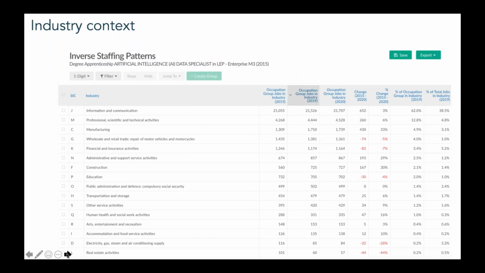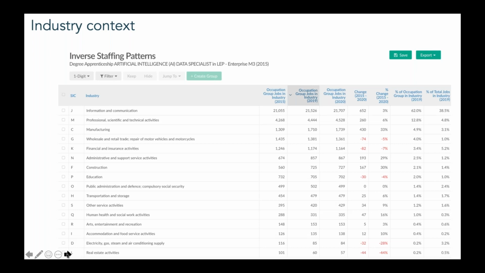So as well as counting the numbers and looking at hiring trends, understanding the context of the jobs is also important. MZ has built staffing patterns into Analyst, which means you can see which industries employ which occupations and to what extent in terms of job numbers in any given region.